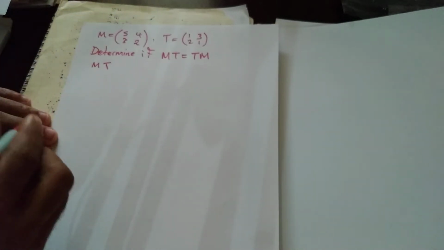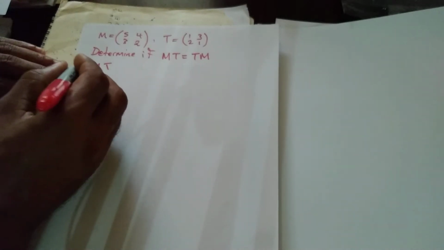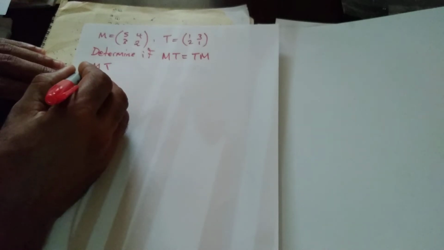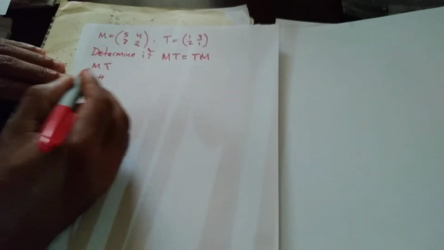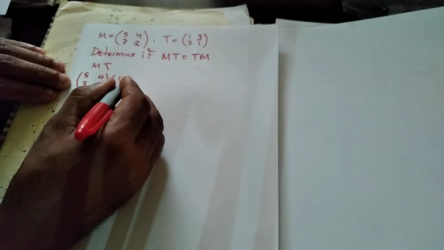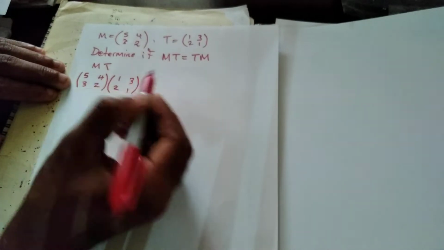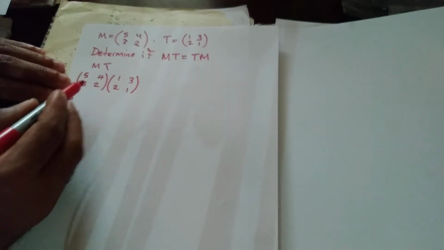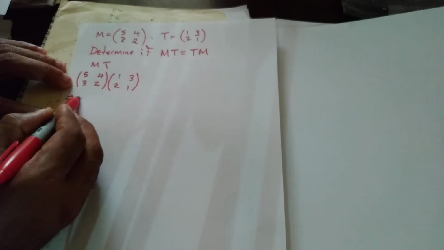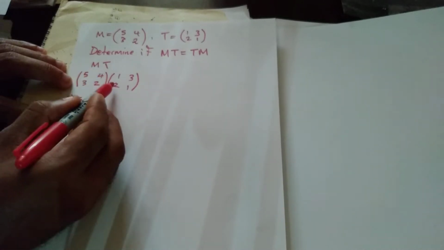So the first thing we need to find is MT. This one I'm going to skip steps with the multiplication because it's reasonably easy. It just takes a bit of practicing. So it's 5, 4, 3, 2, and T is 1, 3, 2, 1. Remember, it's first row by first column. So it's 5 times 1, which is 5, plus 4 times 2, which is 8.